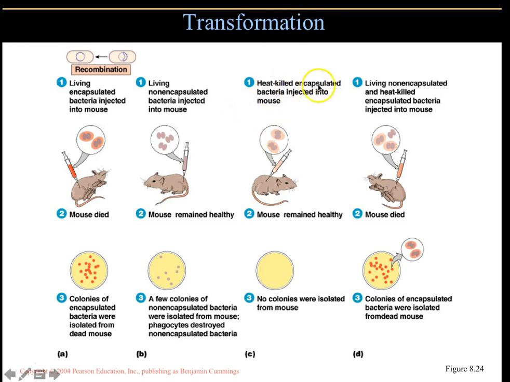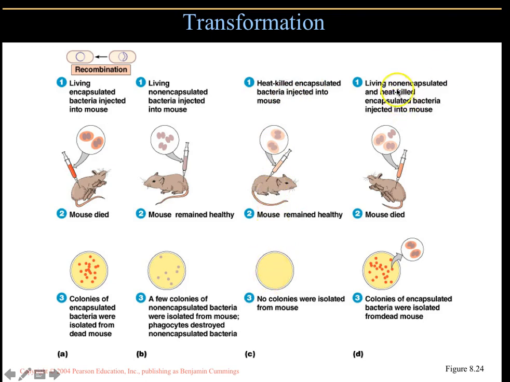When you heat kill the encapsulated bacteria, meaning the bacteria die, that's the reason why the mouse is still healthy. And underneath, they show you the plates. They're going to sacrifice a little mouse anyways, and then look to see if there are any bacteria. And if you notice with this little guy, there's no bacteria.